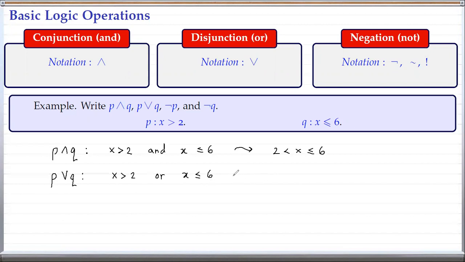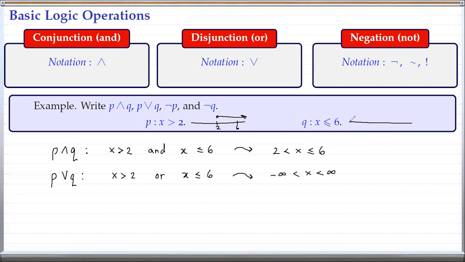So if we combine these two, we get all the values from negative infinity to infinity. Because if we look at the first statement, I'm going to draw a number line over here for X greater than 2. And I'm going to put 6 here because 6 is another value of interest. X greater than 2 will give us these numbers.